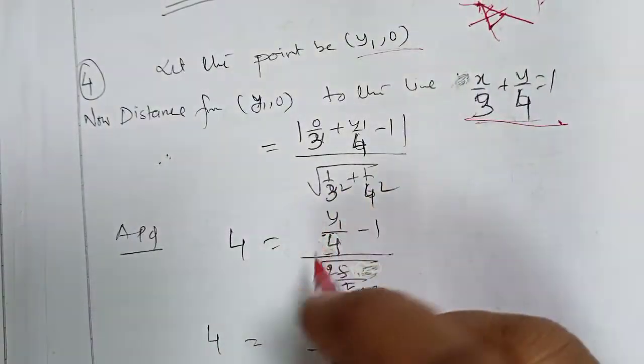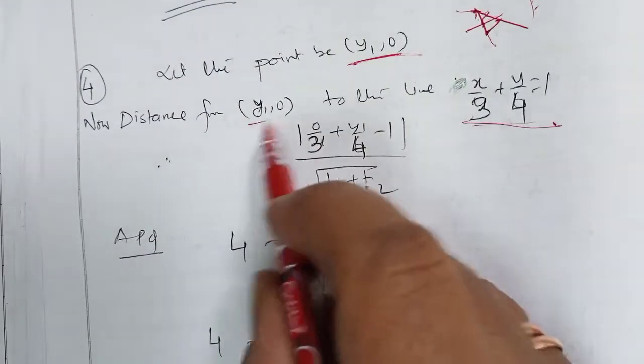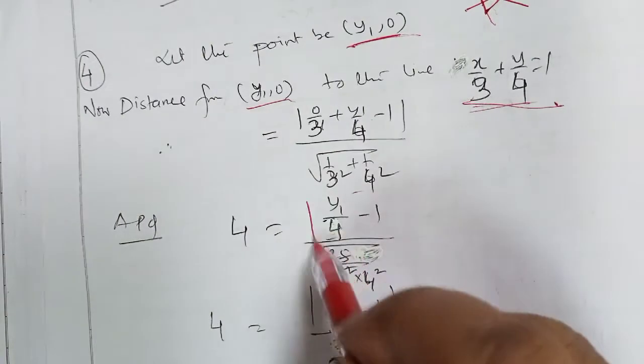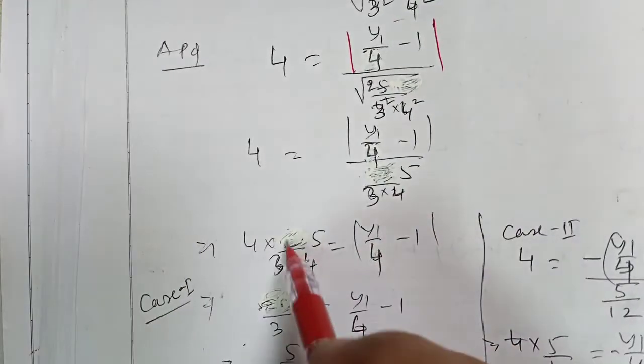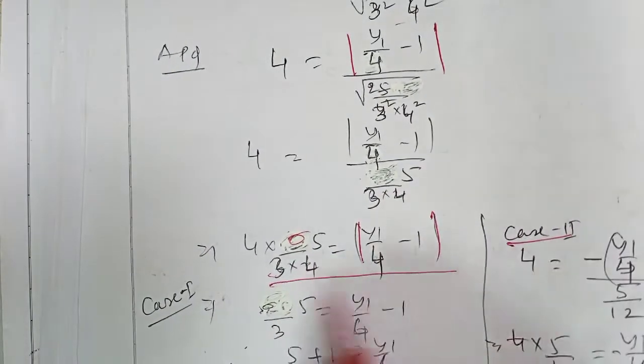Anyhow, let the point be (0, y1). Then the distance from (0, y1) to this line is coming this. So the modulus sign is there. So finally we get this equation. Now we have to take 2 cases.